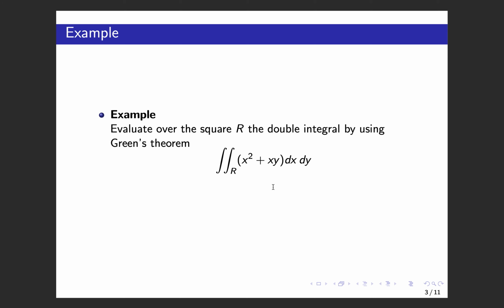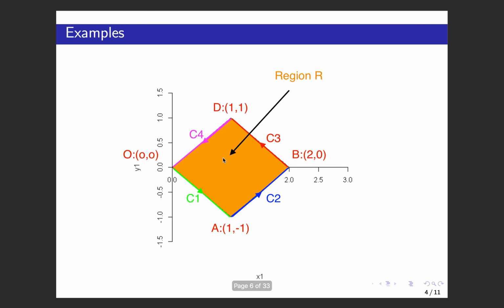So let's describe R, the square. The region R is the square with boundary C, and you see it's oriented counterclockwise.